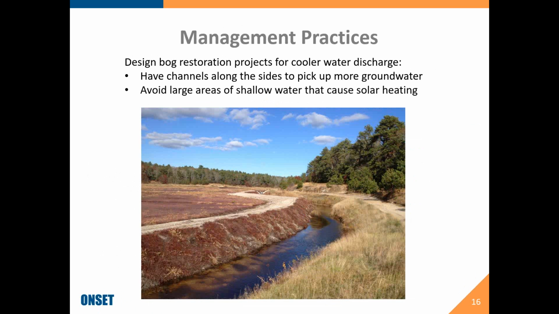The other thing that they do is they're now designing the bogs so that the drainage streams that go around the bogs are around the outside of the bogs. And that way they pick up more groundwater. As I mentioned before, the groundwater is cooler than the pond and the bog water. And by having these channels go around the outside, they pick up more of that groundwater. So that helps to keep them cooler.